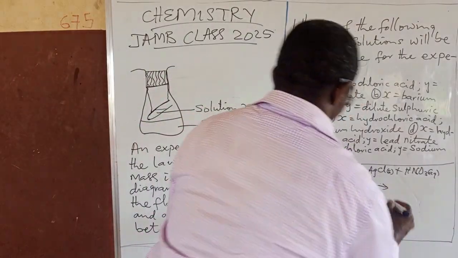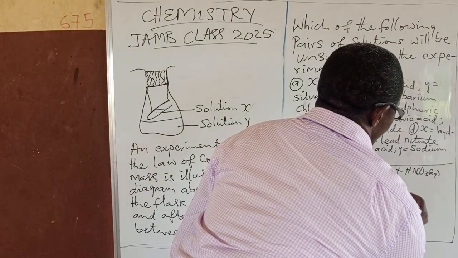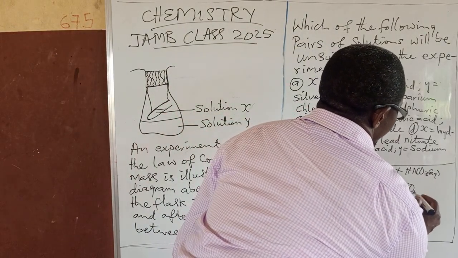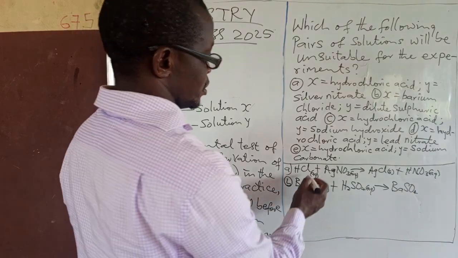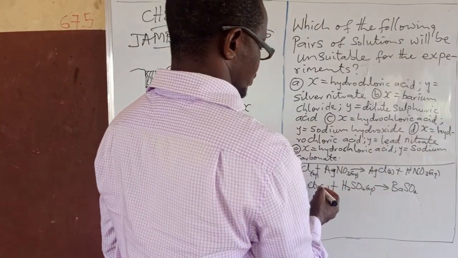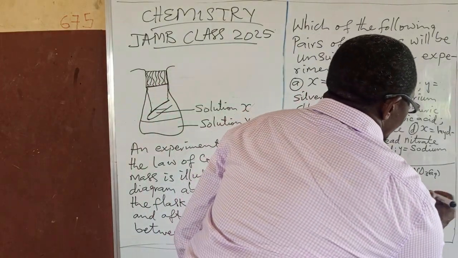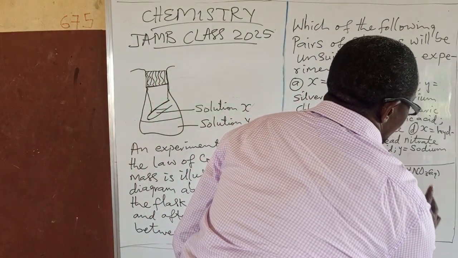You will have BaSO4. The cation here, the positive, will take negative. Positive will take negative. So you have what? This is solid.